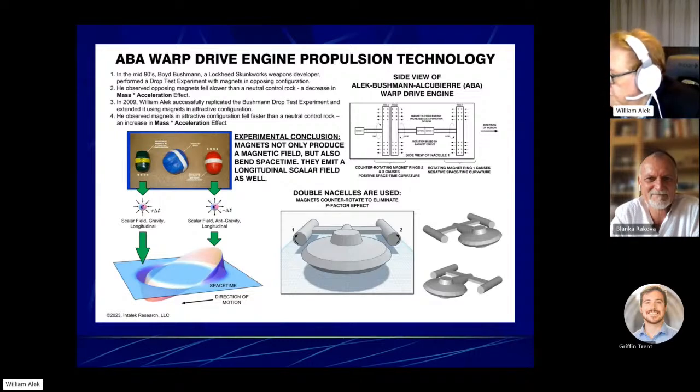That's what you observe in plane engines: you have to rotate the propellers in opposing directions to keep them from spinning the whole craft. So that's where this dual nacelle configuration comes into play, because you have magnets spinning in there, and you must spin them in such a configuration that it counters the P factor effect. You can look this up as well.